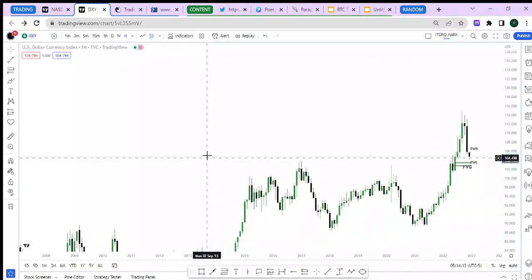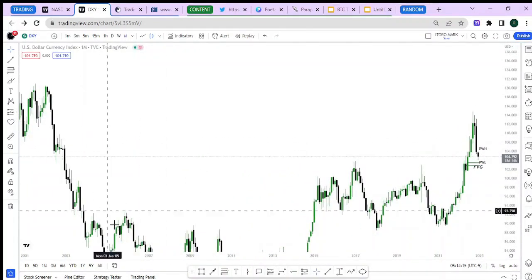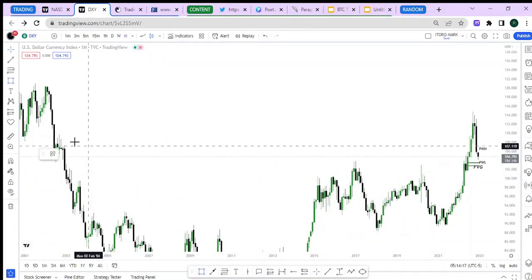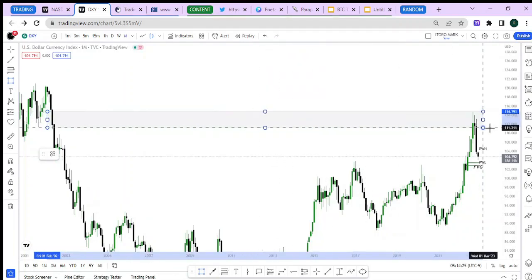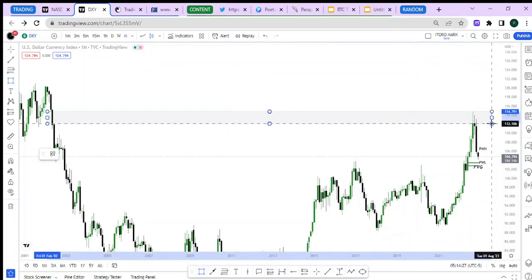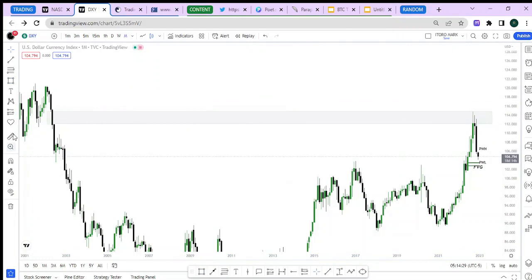But regardless, I'm still going to let you in on the whole view. So on the monthly time frame, this was the fair value gap price is reacting from in here. As you can see, that's the monthly fair value gap price is coming from.